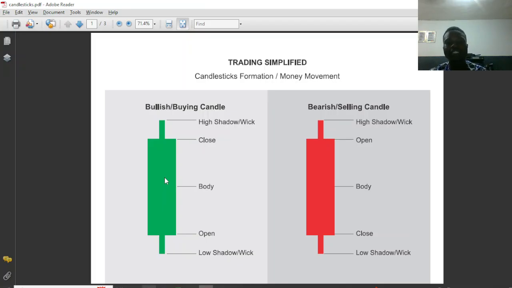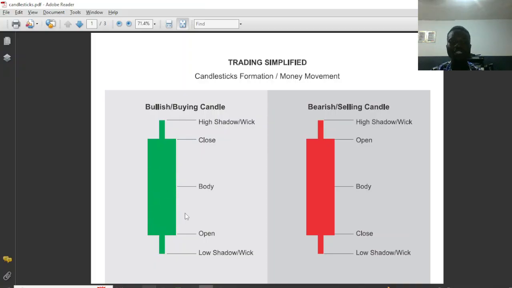And you can see the interpretation of the candle on your chart. As you can see on the screen right now, these are the interpretations of your candle. For a bullish or buying candle, we have the opening price, and this is the whole body of the candlestick.